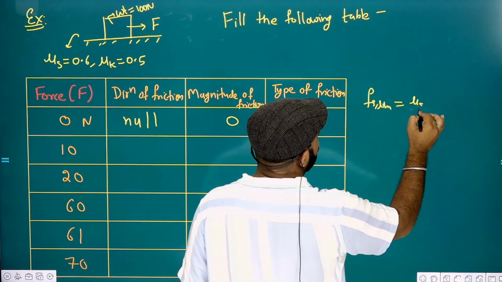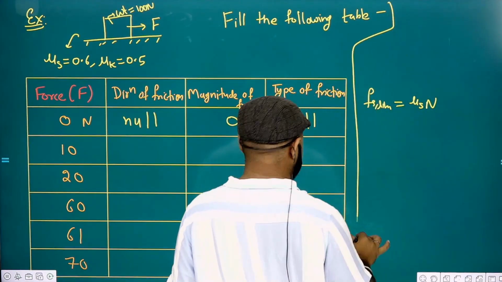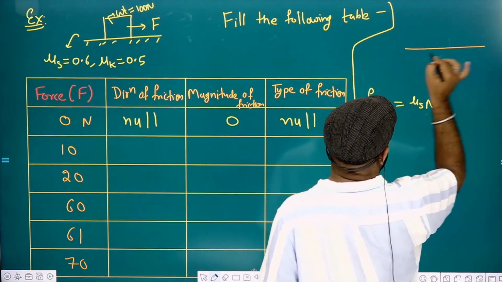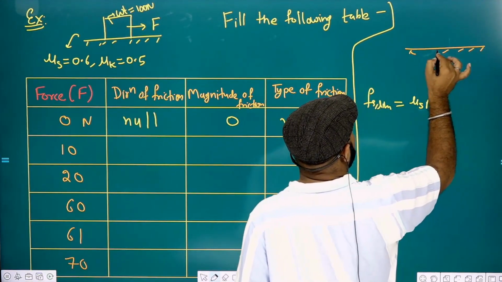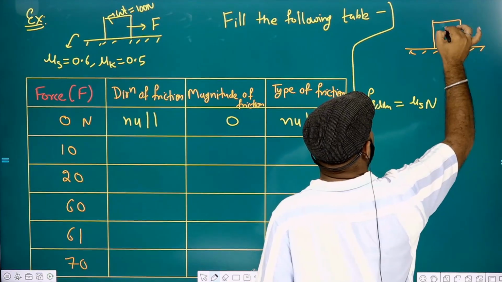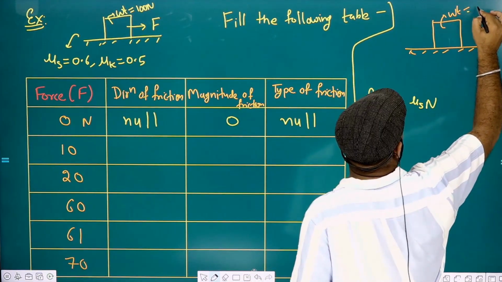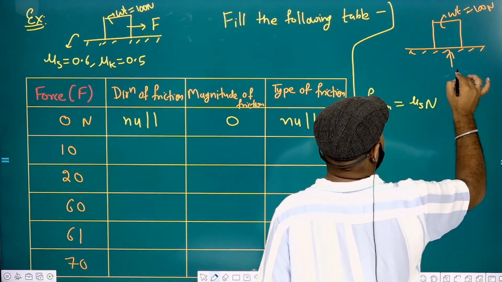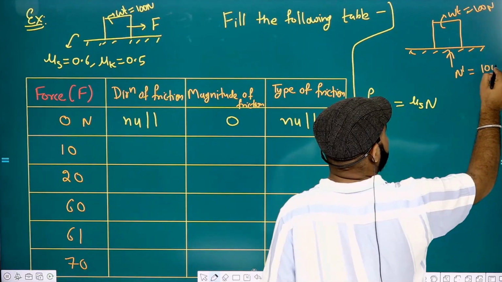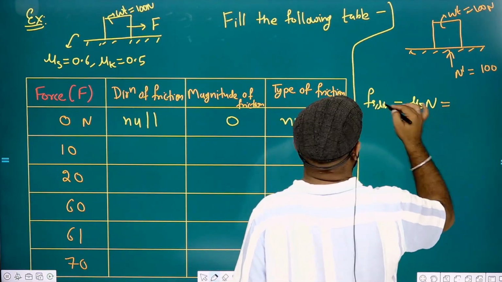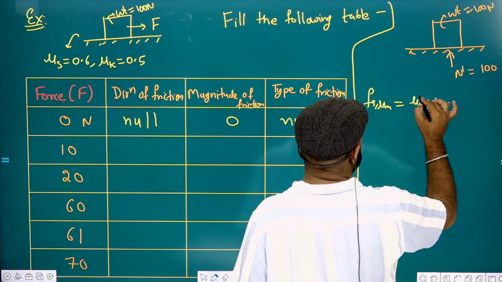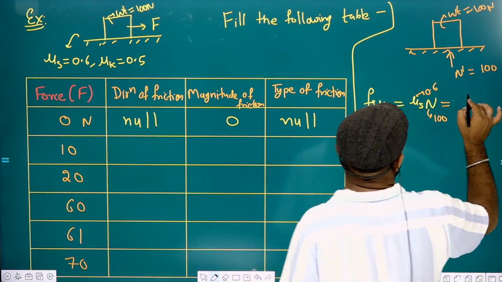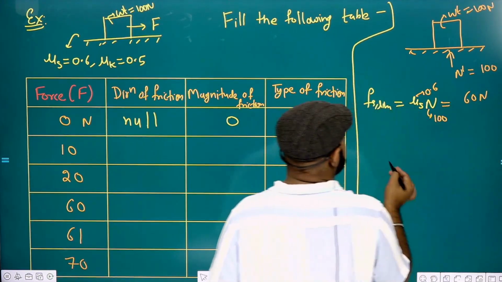It will be simply mu s into N. The block's weight is 100 Newton, so the normal reaction N will be equal to the weight only, 100, right? The value of mu s is 0.6 and the normal reaction is 100, so the limiting friction will be simply 60 Newton.